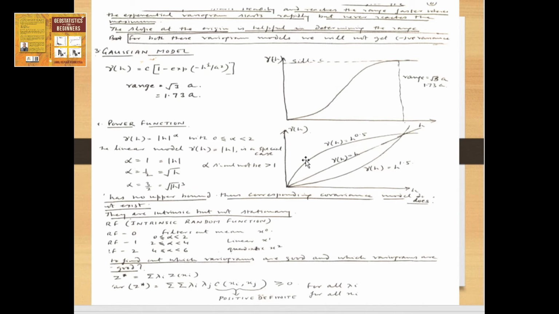You can see in the figure how the range is represented. Range is equal to square root of 3a, that is 1.73a.